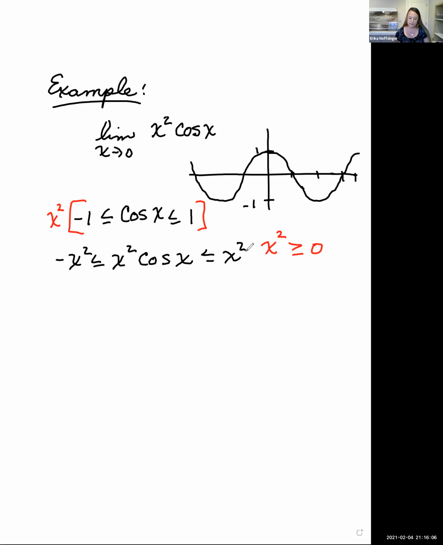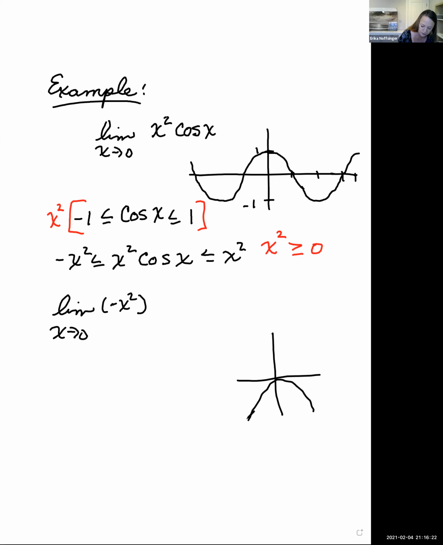Well, we know what's happening to the limits here. We know that the limit as x is approaching 0 of -x squared, if we looked at it graphically as a parabola facing downwards, is going to 0. We can also say that the limit as x is approaching 0 of x squared, which is just a parabola facing upwards, is also equal to 0.